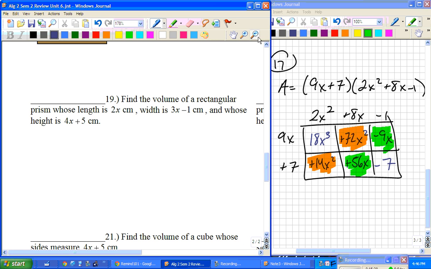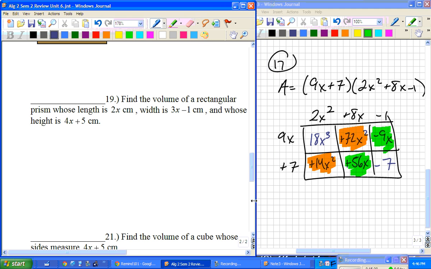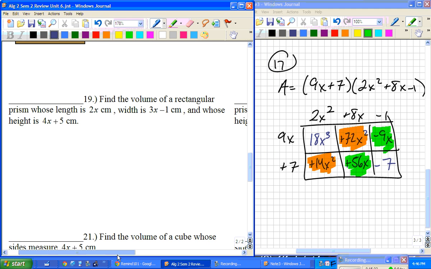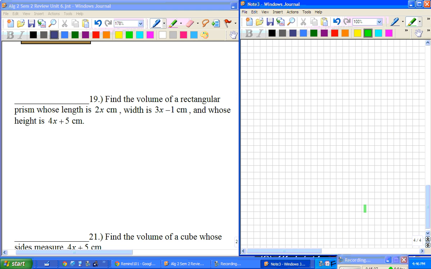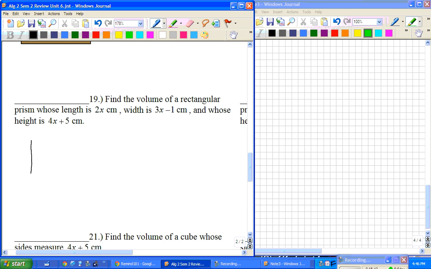Oh, and I think I need to zoom out just a little bit for this one. Okay, so the next one is talking about find the volume of a rectangular prism. Okay, so key thing is we're talking about a rectangular prism, and we're talking about volume.